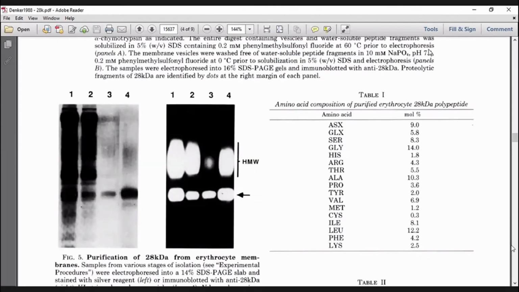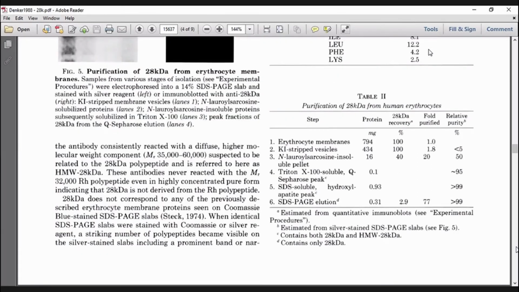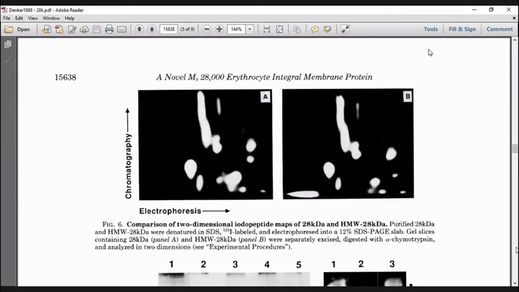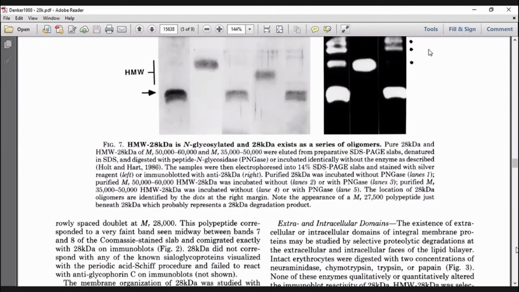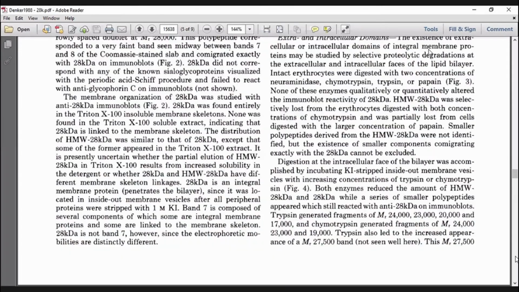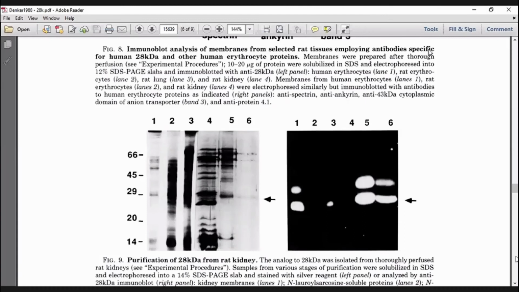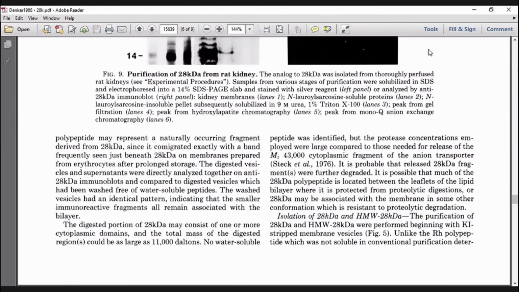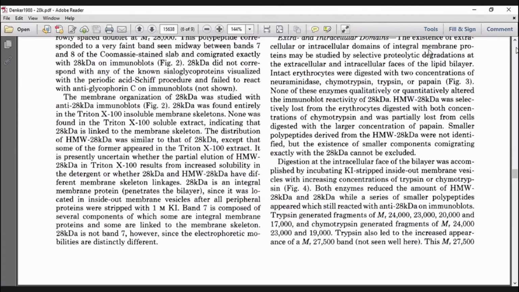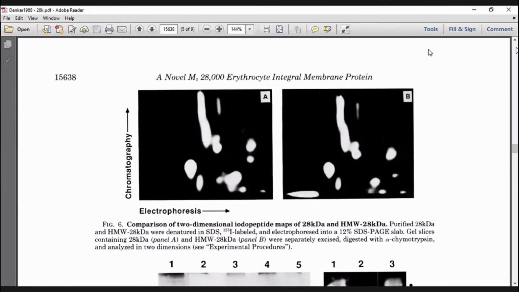And even in this paper, he did not say that this is a water channel. He just say that, well, I discovered this protein in red blood cell and in kidney. But later on, in his next papers, he is able to identify that this is a water channel, and he got Nobel Prize in 2003.